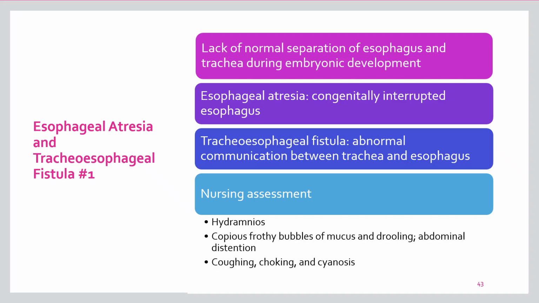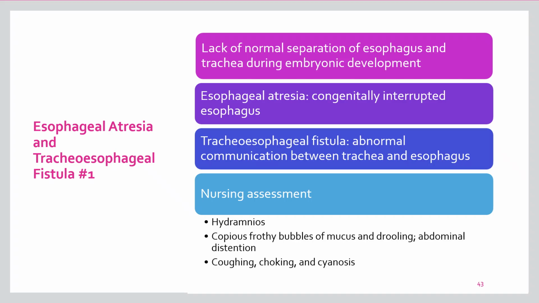I'll show you the picture in the next slide. For nursing assessment, look for hydramnios, a lot of fluid. Why hydramnios here? Usually the baby swallows some of the amniotic fluid, right?